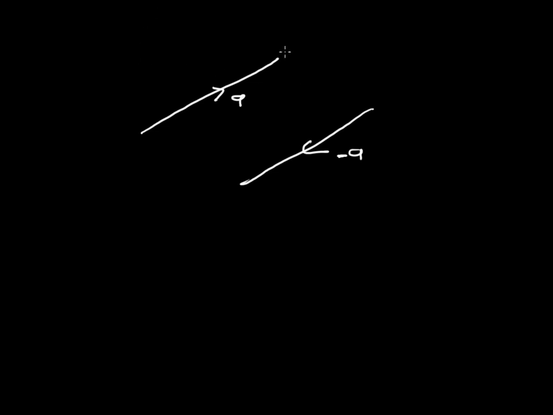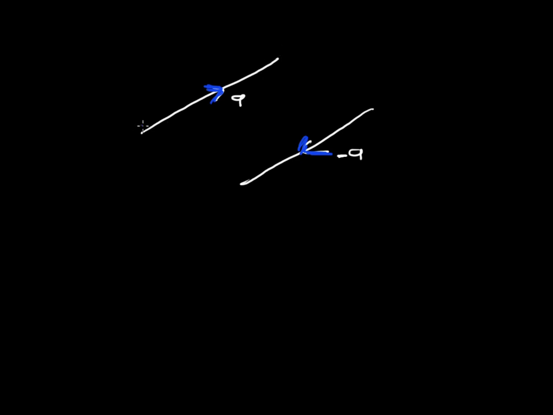Now, what do these two diagrams mean? The length is actually the same, but the direction is different. So we have this vector A going in this direction, and its negation is going in the opposite direction. But they have the same magnitude, which means that they have the same length.